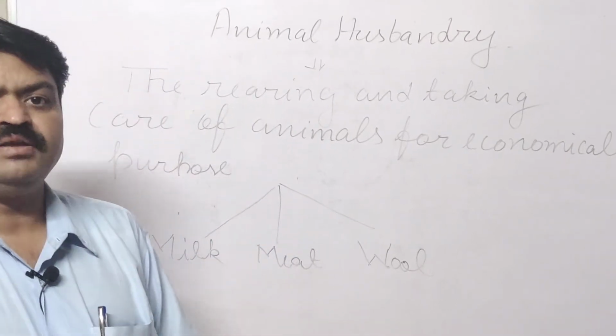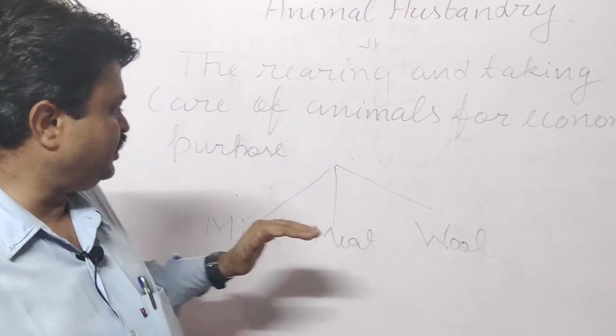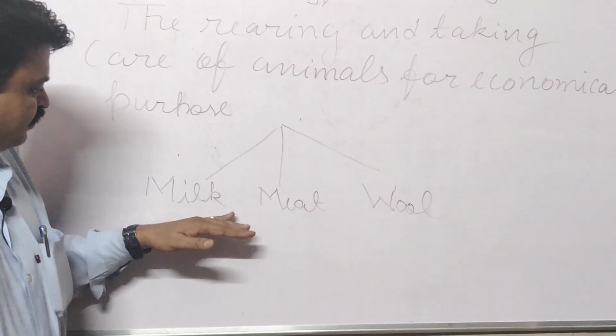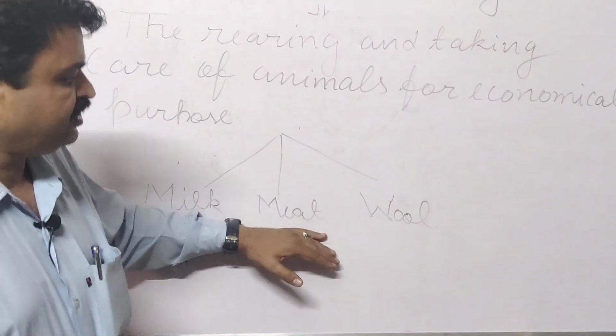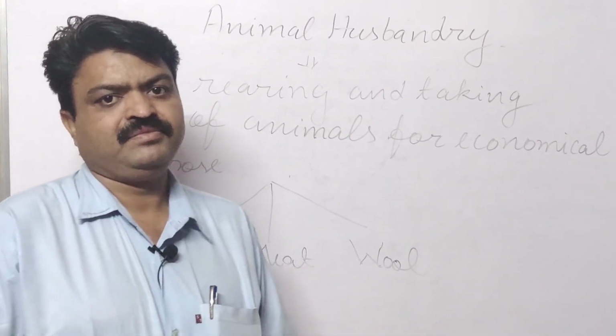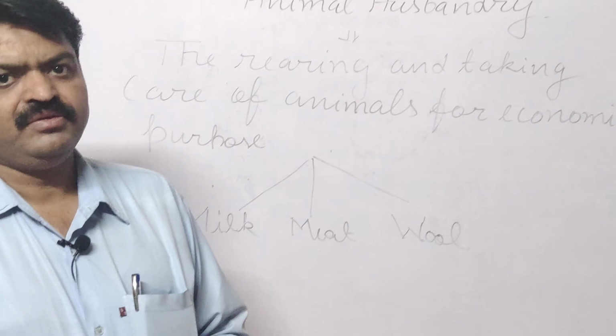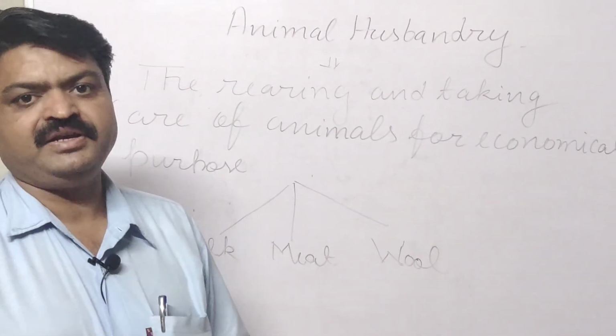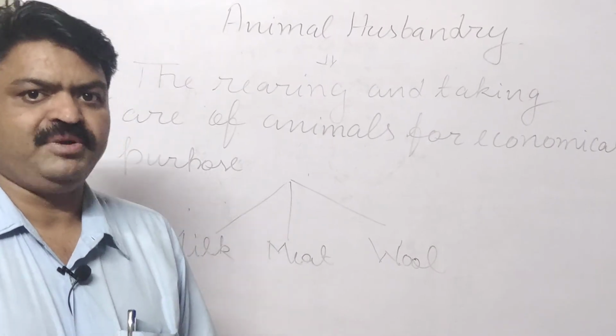Because with the help of animal husbandry, these are the important products that are collected by the farmers: first is milk, meat, wool, and with the help of that they earn money, student. And it is also a most important agricultural practice, known as animal husbandry.